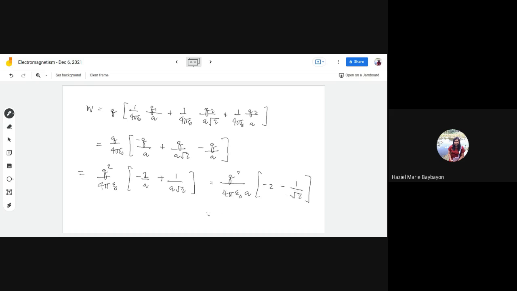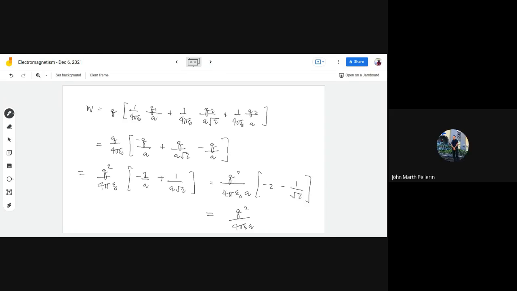How much is it, class? Do you have your calculator with you? Negative 2 plus 1 over the square root of 2. So you have Q squared over 4 pi epsilon naught A, and then this number. What is this number?